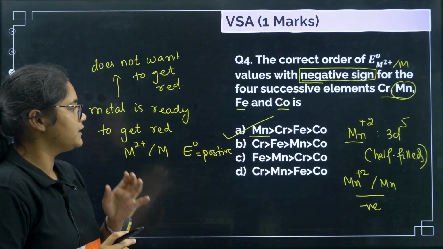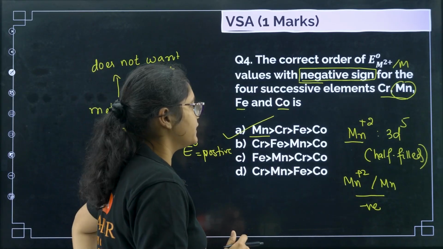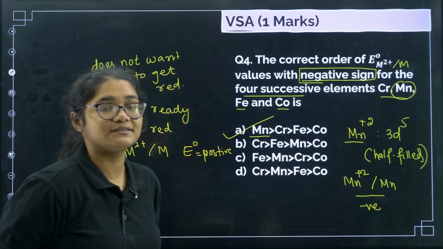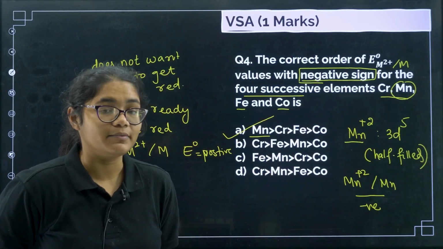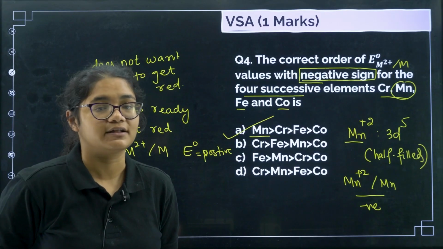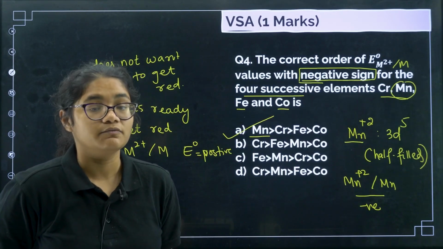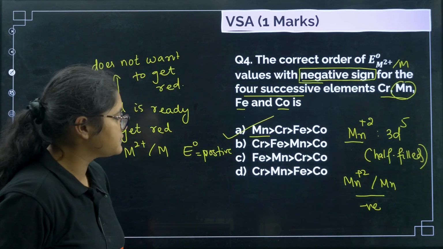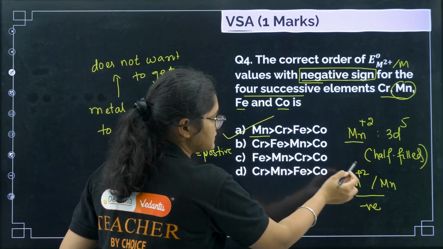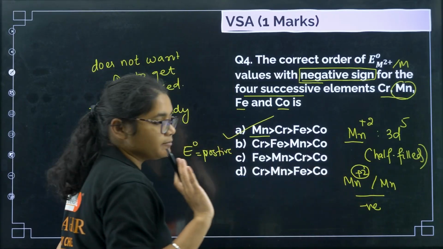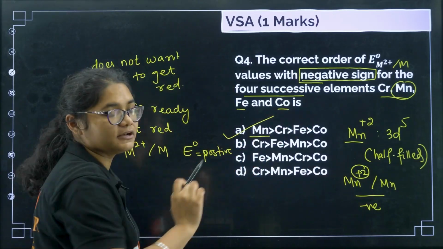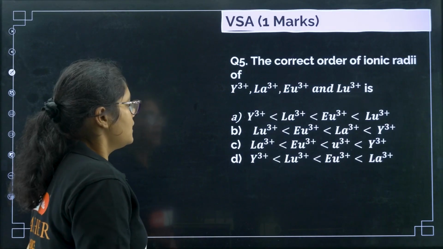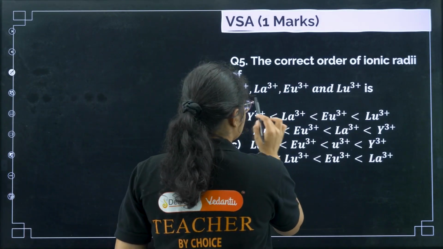Once again I want to repeat here, negative sign means you have to think which element will not undergo this transition from M2 plus to M, which one will have the highest negative value. The highest negative value will be for manganese, because it is very stable in the Mn2 plus state, it doesn't want to go to the M state. So option number A.